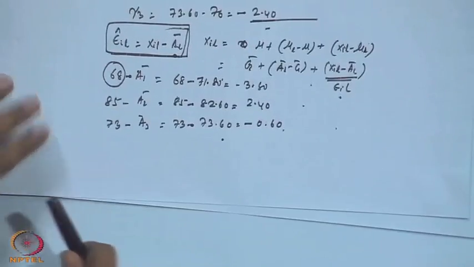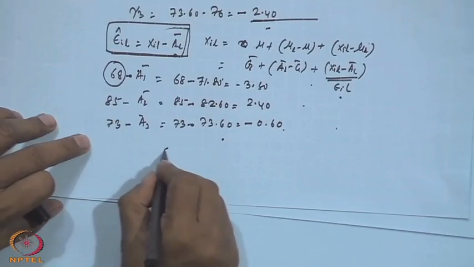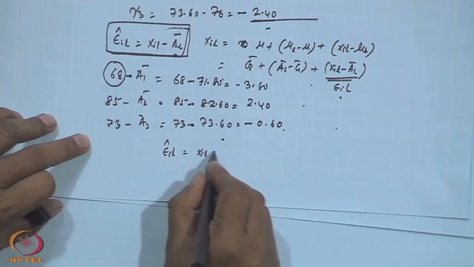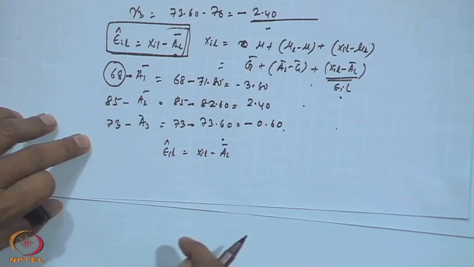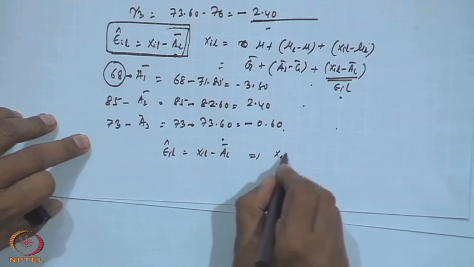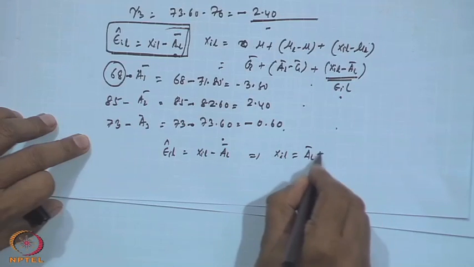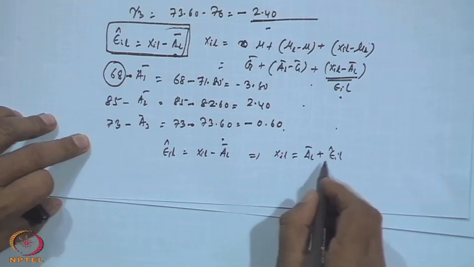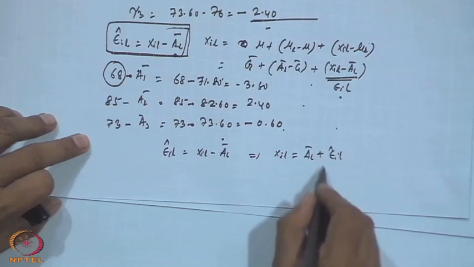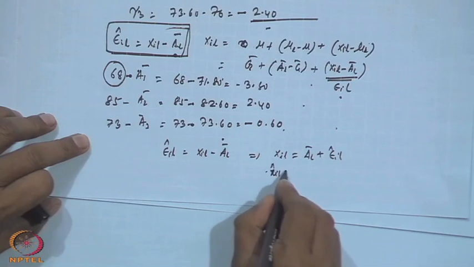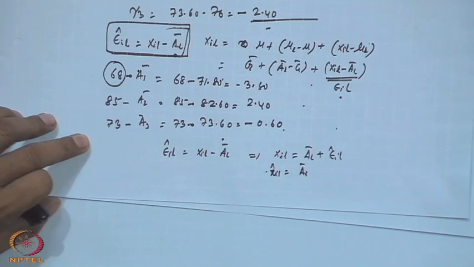You see what we have written here, that epsilon IL is x IL minus A L bar. So, that means you have written x IL equal to A L bar plus epsilon IL. Fitted value means without error. So, that means I can say x IL fitted value is A L bar.